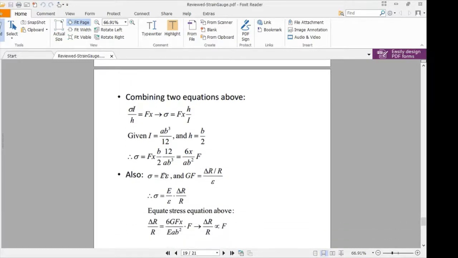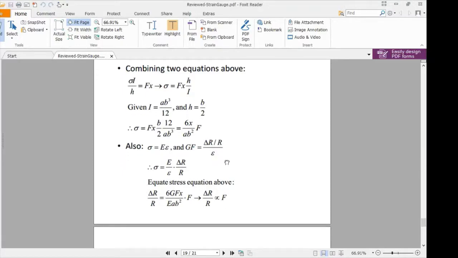We also know that from Young's modulus, the stress is equal to E epsilon, and the gauge factor is delta R divided by R, over epsilon.